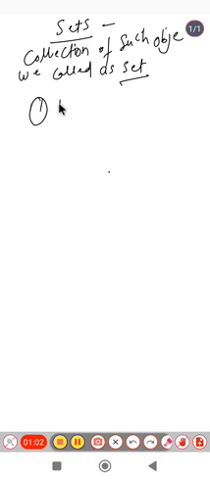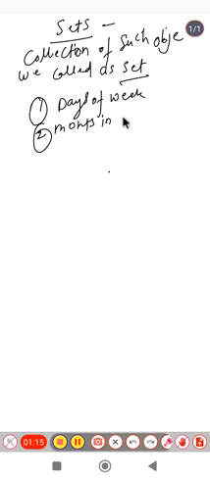We can say that it's the days of the week, or the months in a year, or the planets in our solar system.